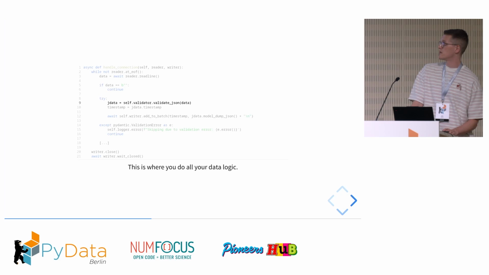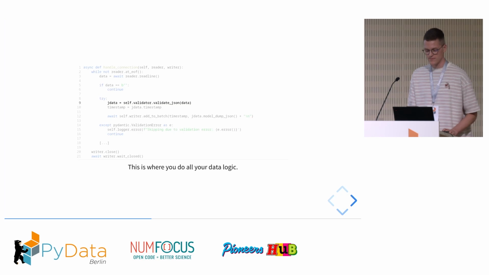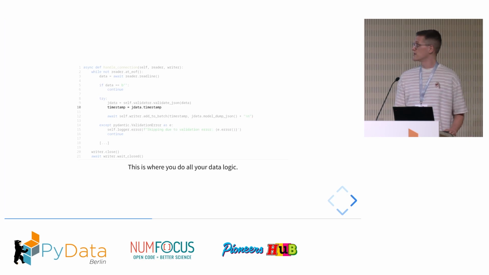After we received our data, we validate it against our Pydantic model and receive JSON data out of it. We then extract the timestamp, if there's a timestamp, but in general we can extract some parameter of the data, for example, to partition later on, and then we add it to the buffer where we want to write to disk later on.